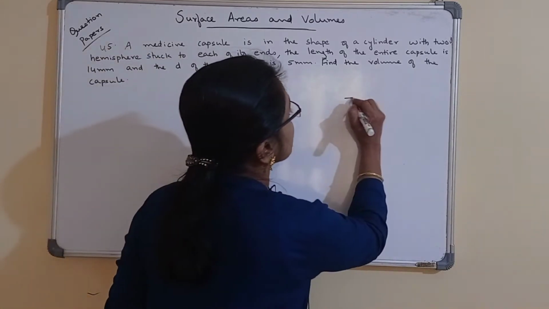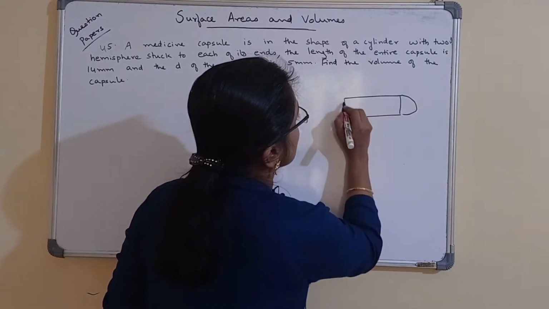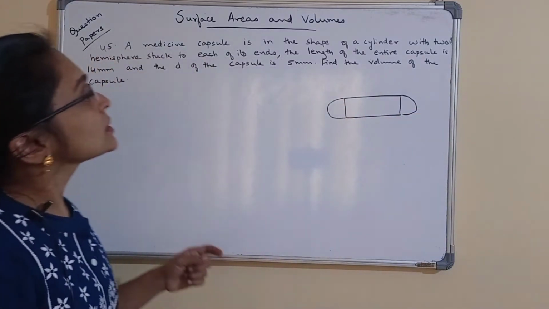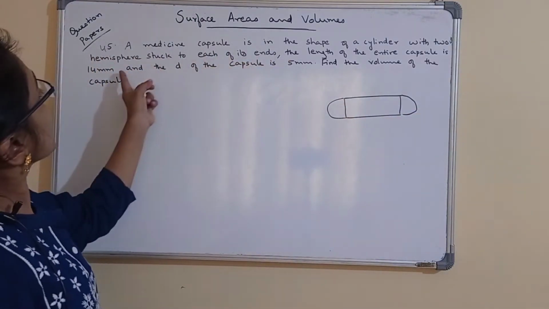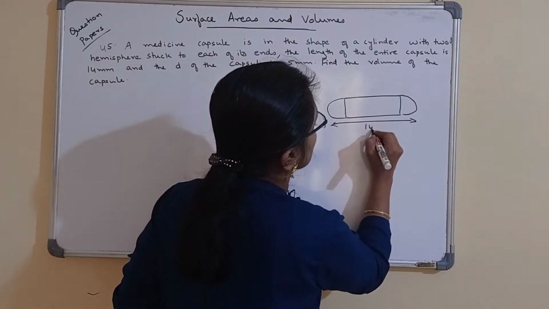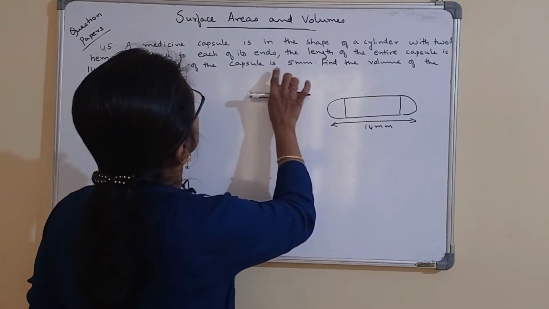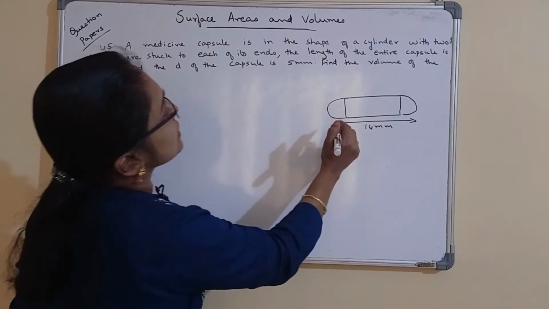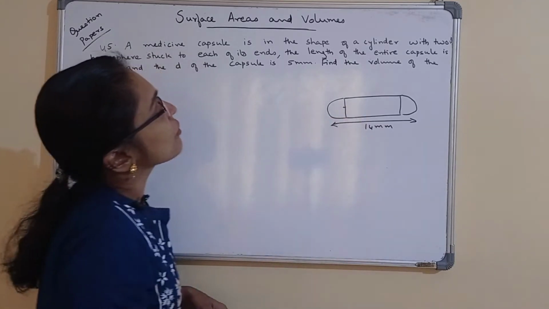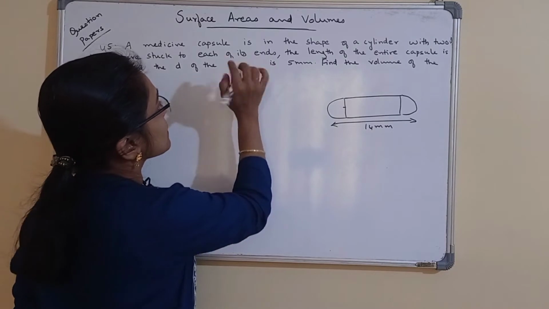A medicinal capsule is there with two hemispheres at its ends. The entire capsule is 14 mm long. And this is the diameter of the hemisphere.